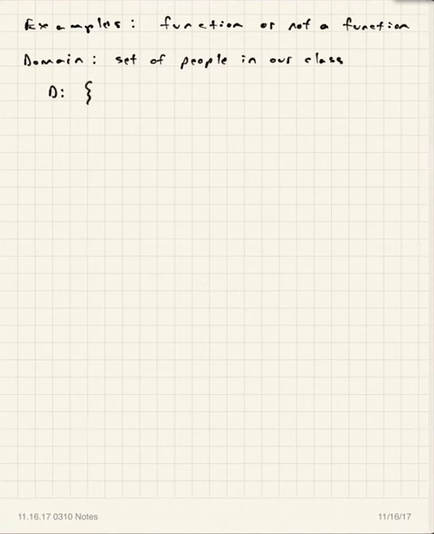You put set braces here, and then I would just write down the people that are here with me today. So Anne-Marie and Charlotte. I'm not going to write everybody's names down, but I'm writing them in alphabetical order. Anne-Marie, Charlotte, Janessa, Jose, Justin, Sandra, that's my domain, and then all the other people who are going to watch this later who are in our class. So there's our domain, just a set of people in the room.